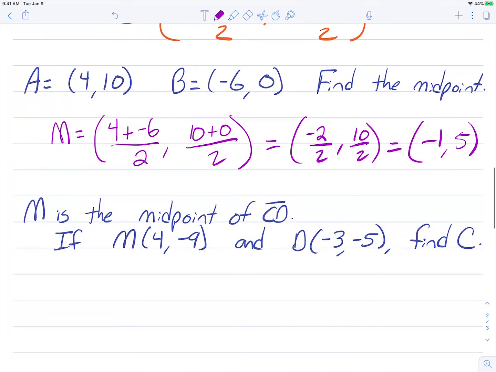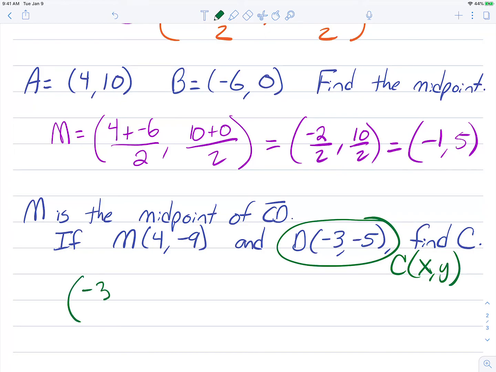Now sometimes you're given the midpoint and what you're missing is one of the original points. So if M is the midpoint of segment CD and I don't know what point C is, I know part of it. So if I were to start to write this, if this is point D, -3, -5, and C is some point x, y, if I were to figure out the midpoint, I would have added -3 and x, divided it by 2.